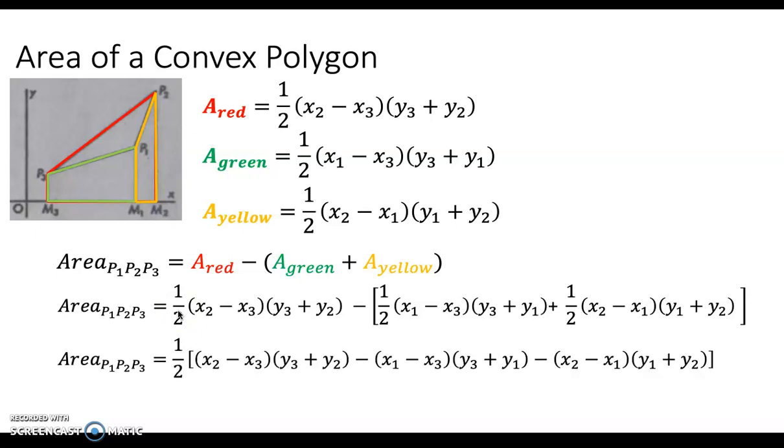So we factor out 1/2 and then distribute the signs. This would be the quantity of x sub 2 minus x sub 3 times the quantity of y sub 3 plus y sub 2, minus the quantity of x sub 1 minus x sub 3 times the quantity of y sub 3 plus y sub 1, minus the quantity of x sub 2 minus x sub 1 times the quantity of y sub 1 plus y sub 2.